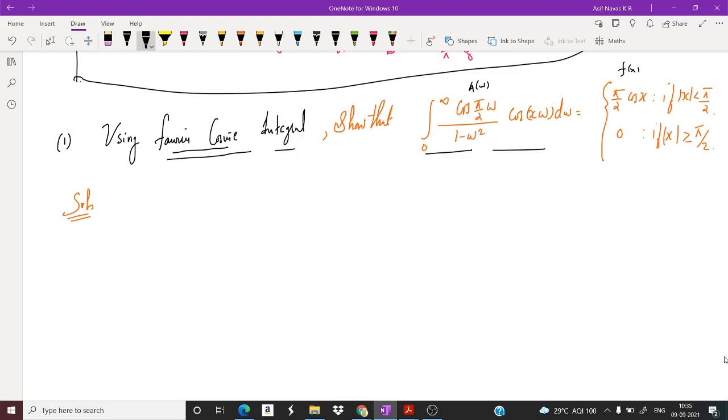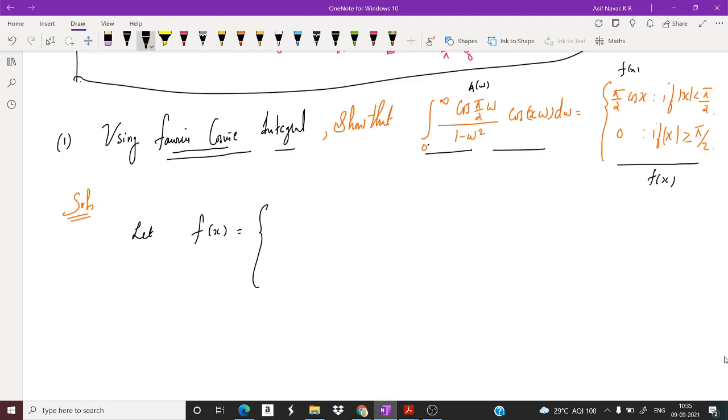So now from the question, what is f of x? What is f of x here? Tell me. So this is cosine integral. Then what is f of x? Anybody? This part is f of x, right? That means we have to show that f of x is equal to integral 0 to infinity a of omega cos omega x d omega.